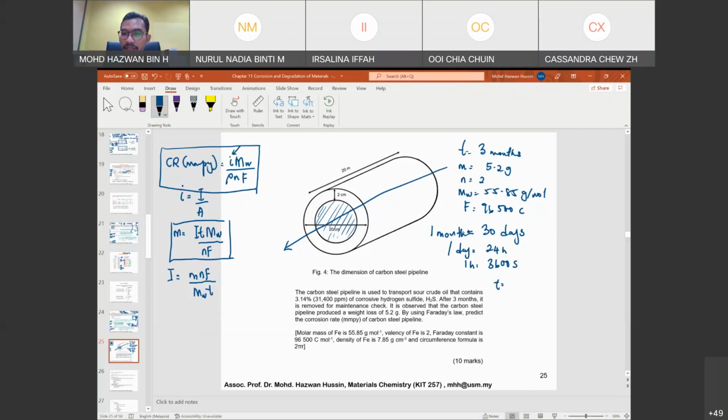Irsalina, 3 months, how do you convert to seconds? How do you combine this? 3 months multiplied by 30 days, times 24, times 3,600.